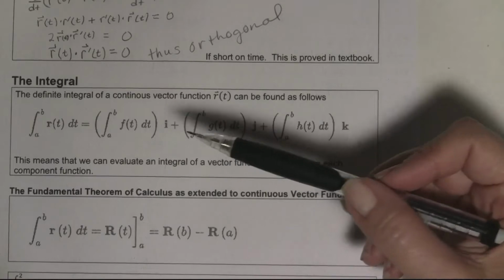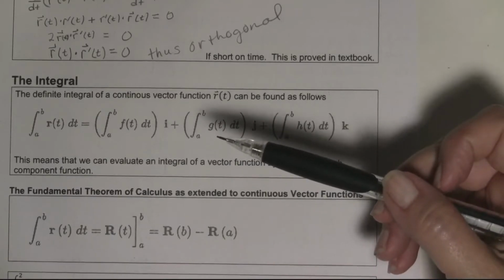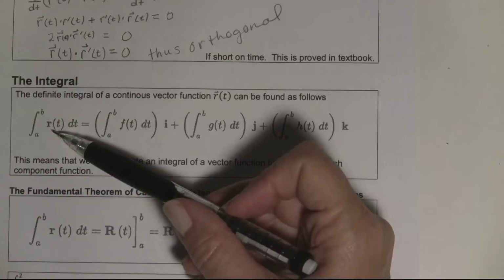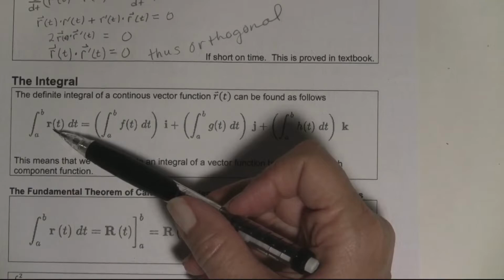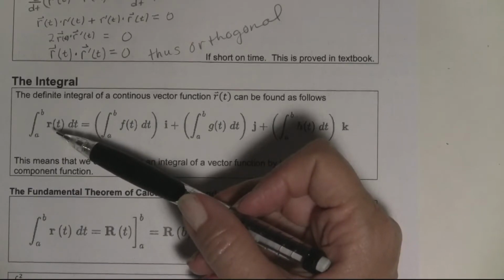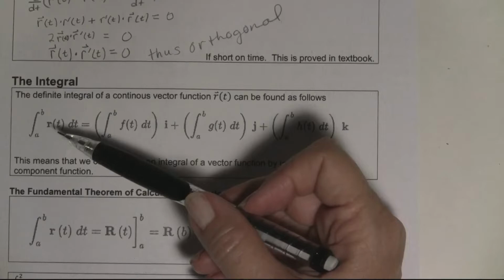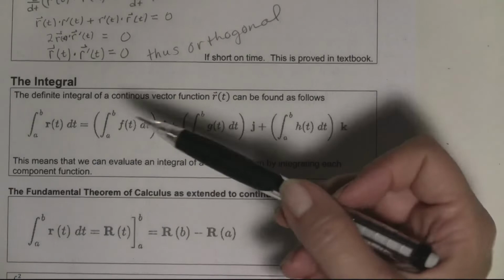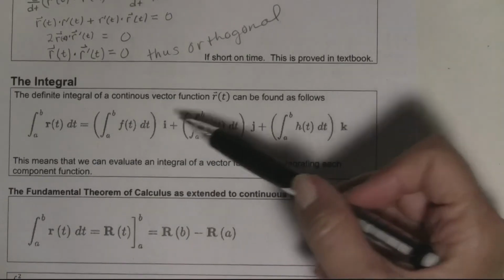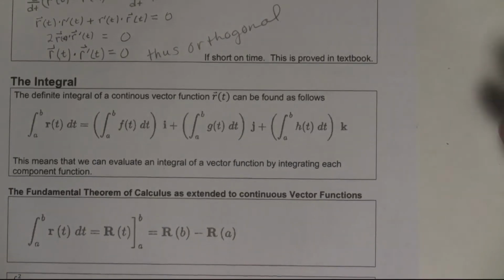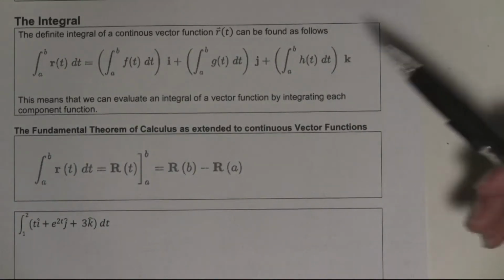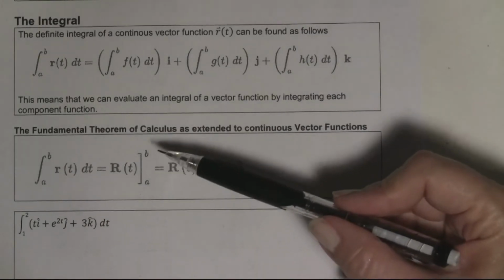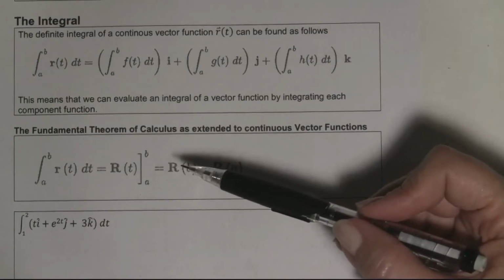So if you have your standard vector where you have a function f in the x component, a function g in the y component, and a function h in the z component, then you just take the integral of each of the pieces, just like the derivative of each of the pieces.